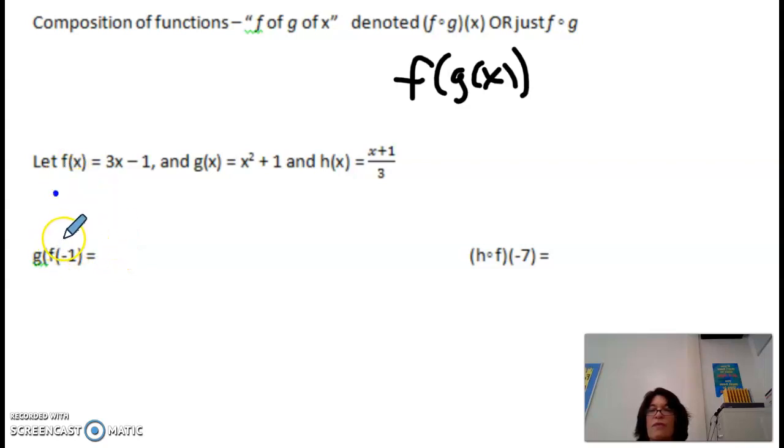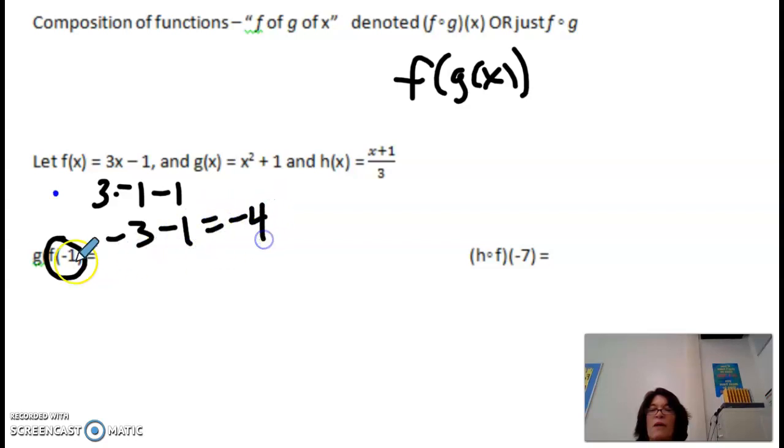We first want to figure out the f of negative 1. Well, that's 3 times negative 1 minus 1, or negative 4. I figured out what f of negative 1 was by putting negative 1 in the f function, and I got negative 4. So really what I'm asking for now is g of negative 4, right? G of negative 4 means put negative 4 in the g function.